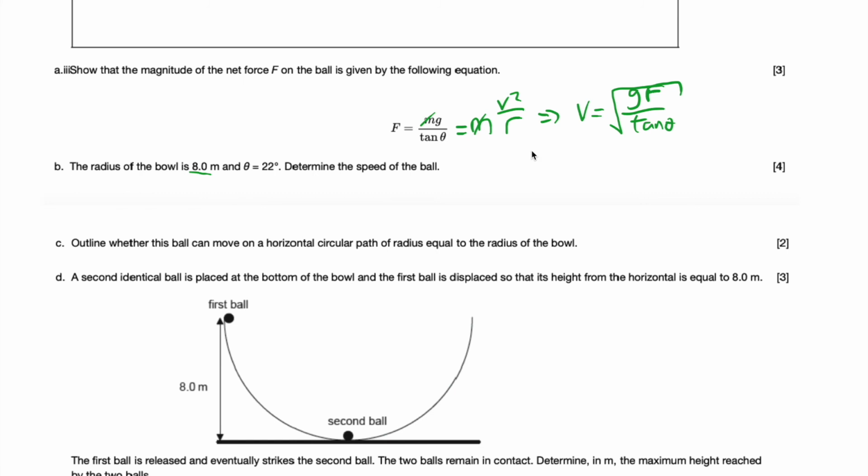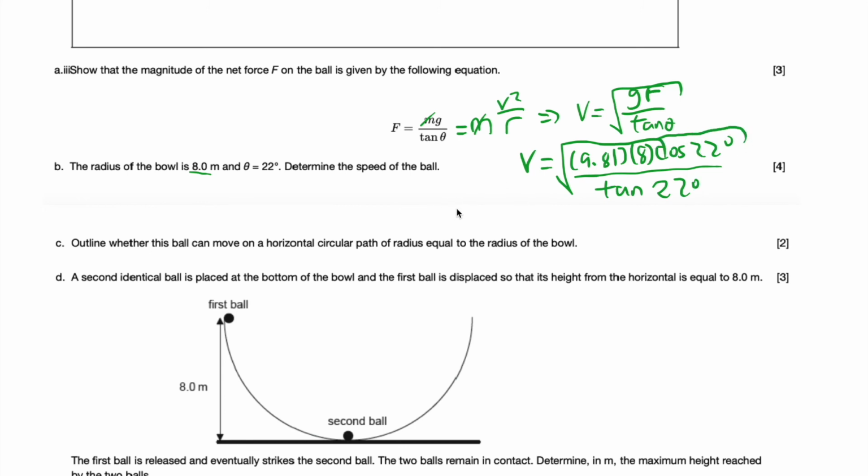So velocity is going to be equal to the square root of gravitational acceleration 9.81 times 8.0 times cosine 22 degrees over tangent 22 degrees, and this will give us a speed of 30.4 meters per second. So this is the answer for B.